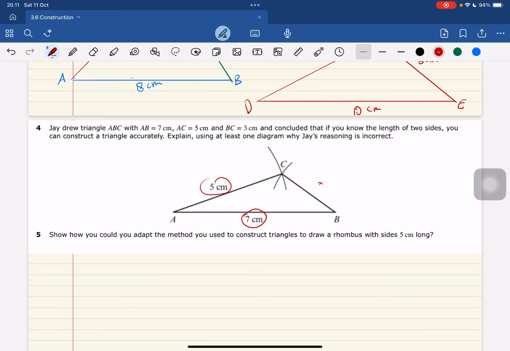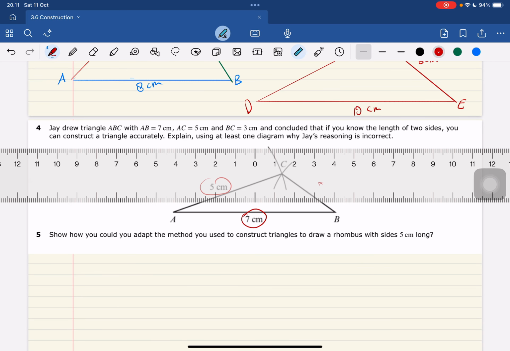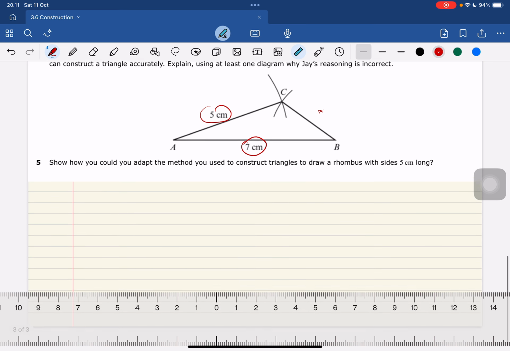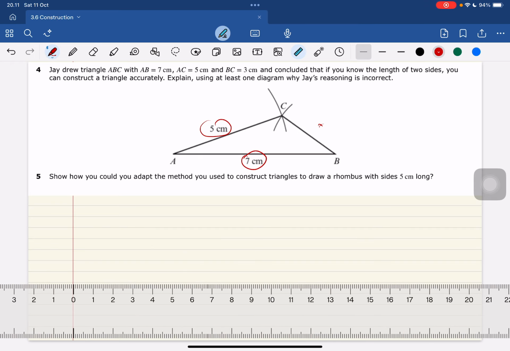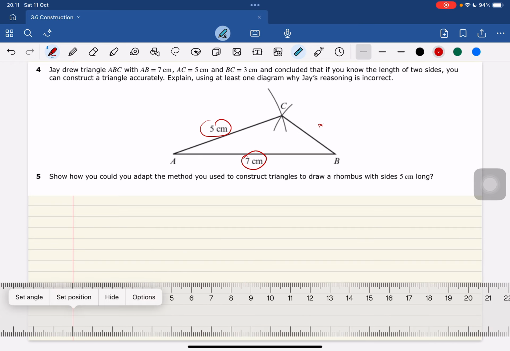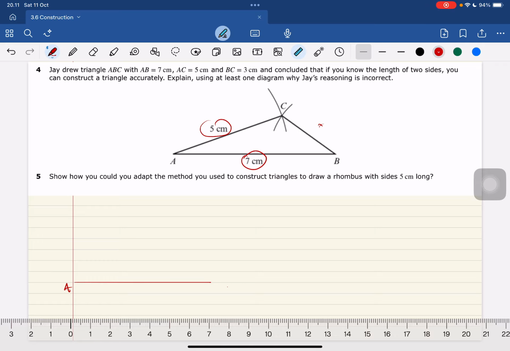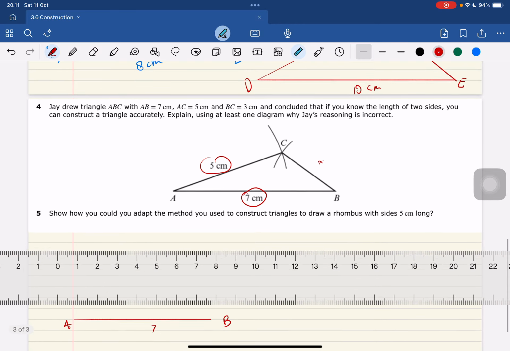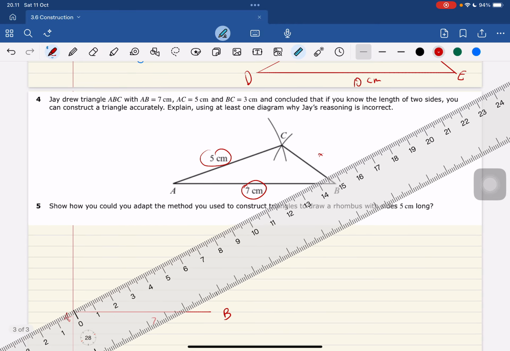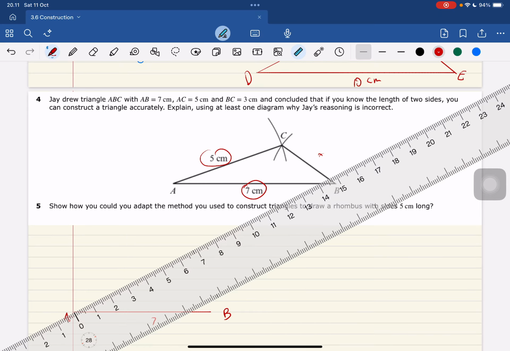So let's check it. If we only know two sides, let's say this is AB, 7, and this is 5.